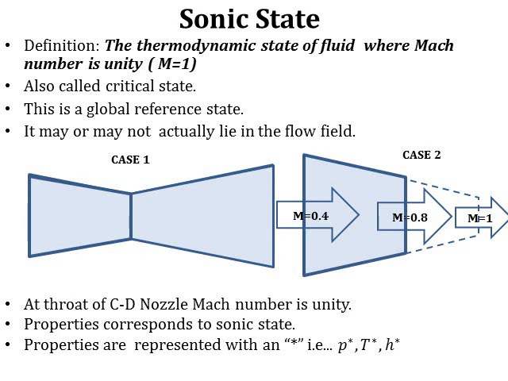This region doesn't lie within the flow field, but still this point can be taken for non-dimensionalizing the properties within the flow field. So this is what I meant when I said that the critical reference state may or may not actually lie in the flow field.